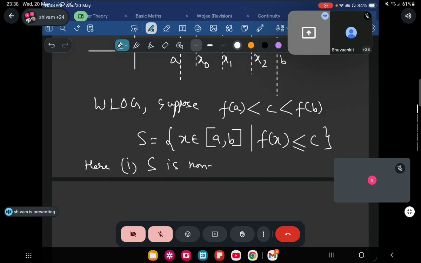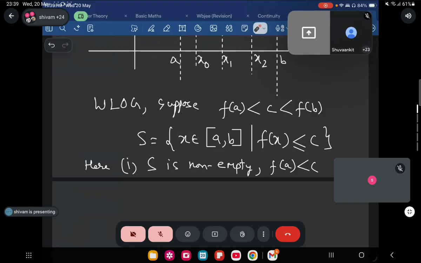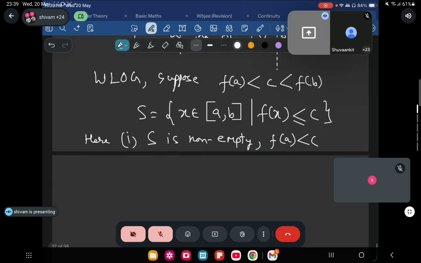There exist at least some points such that f of x is less than c. Why is S non-empty? f of a is, of course, less than c. So a belongs to this set, by looking at this inequality. Are you getting it?